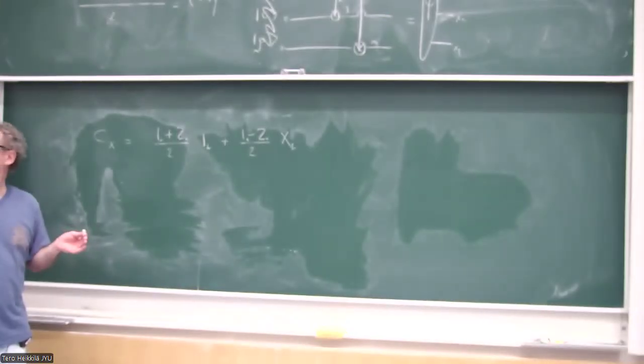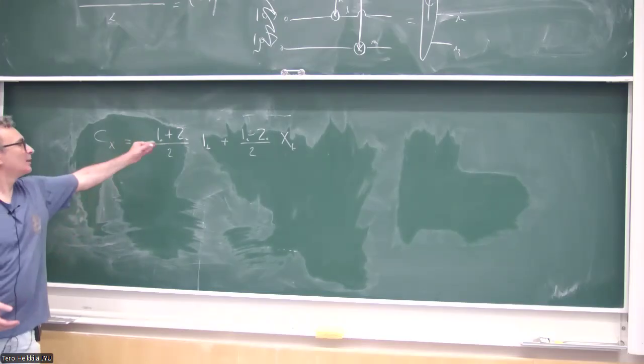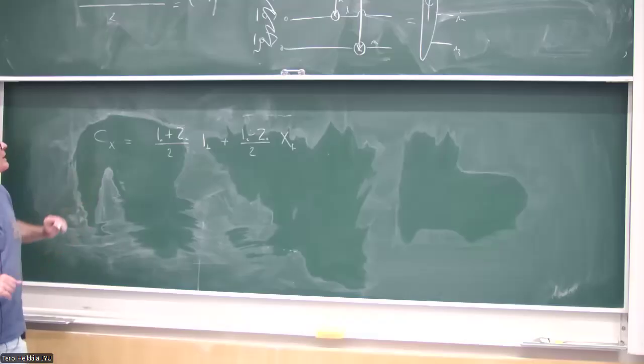It's just the way I said it: if you are in state 0, you do this, and if you're in state 1, you do that. But it keeps the qubit in the same state. It's an illusion. So I'm going to write the same gate, but now in the plus-minus basis.